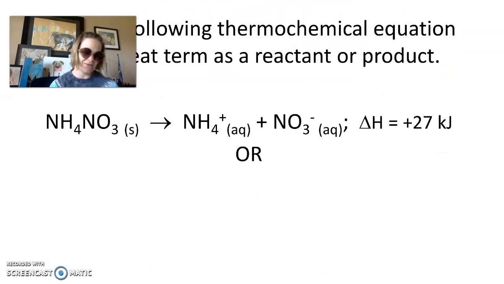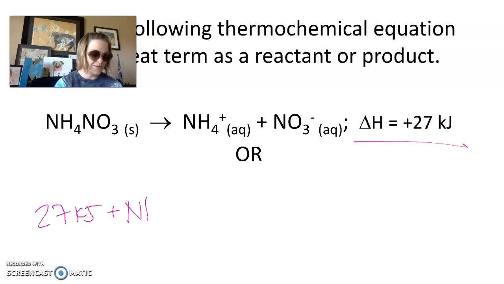Like I said, here's one style. Here it's positive. Otherwise, we could write, whoops, I'm going to erase. We wouldn't necessarily write that it's positive here. You would write 27 kilojoules plus ammonium nitrate makes this.